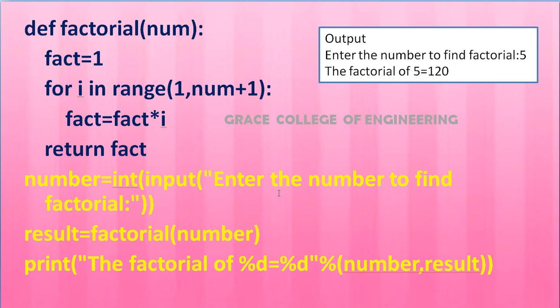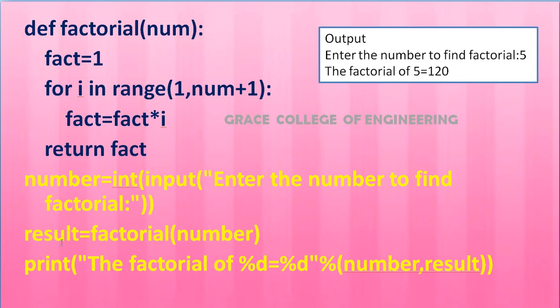For calculating factorial we want only integers, so the string has to be converted to integer. For that we use this int type conversion, so that the string value is converted to integer and stored in this number variable.